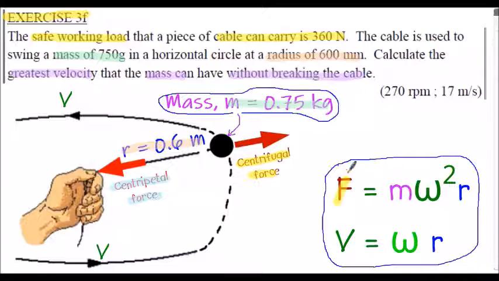We know the force in the cable, F, we know the mass, we have the radius, so we can find the angular velocity by rearranging this equation, and we can then place it into this equation, and then knowing the radius we can determine the maximum linear velocity. So that would be my suggested approach through the problem. I'll show you the full worked solution on the following slide.